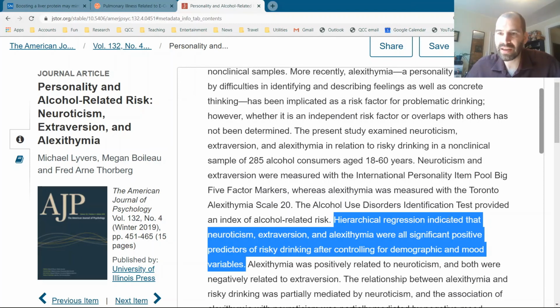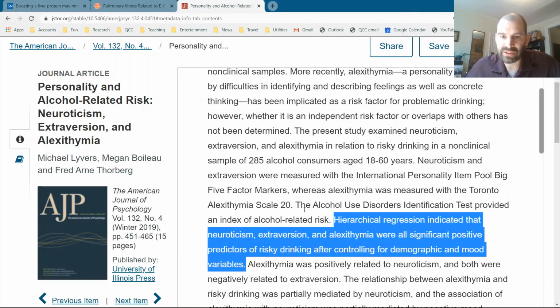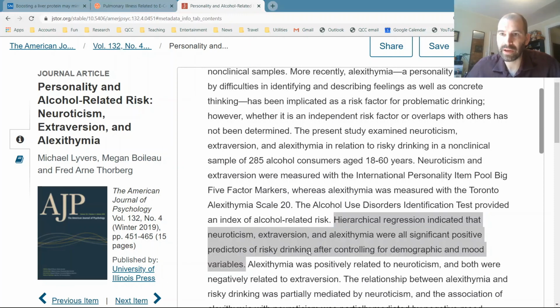But the fact is that they did something that indicated that these psychological factors were positive predictors of risky drinking. So what they're saying is that these psychological factors are the cause, and we can use these to predict how much risky drinking an individual might be prone to. So in this sentence, it's becoming clear that the psychological factors are the explanatory variable, and risky drinking is the response variable.